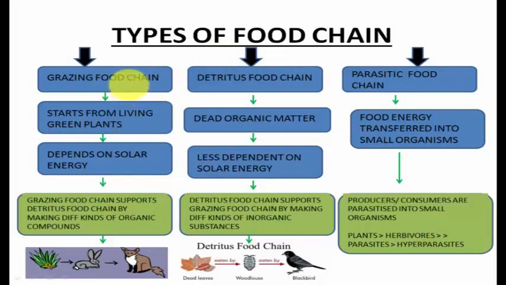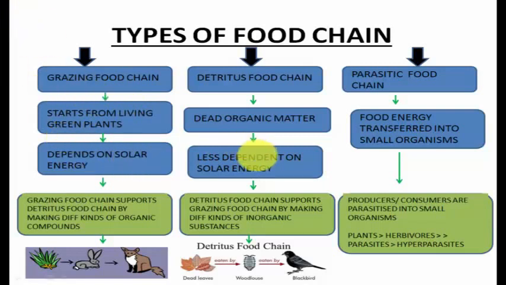Grazing food chain is very common in grassland areas, in grassland ecosystem. However, the detritus food chain is seen where there are dense forests. Secondly, the grazing food chain will always start from green plants, whereas the detritus food chain will always start from dead organic matter. Because this grazing food chain starts from the living green plants, that is why it is dependent on solar energy.